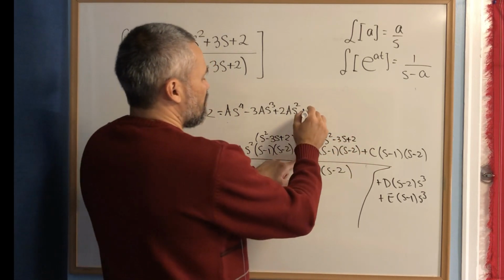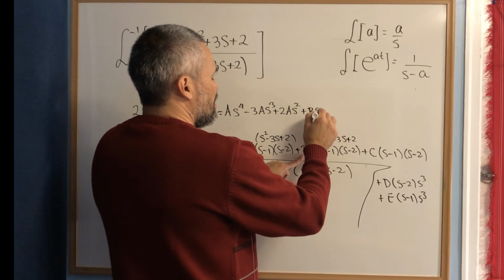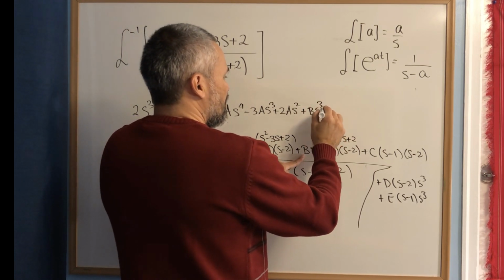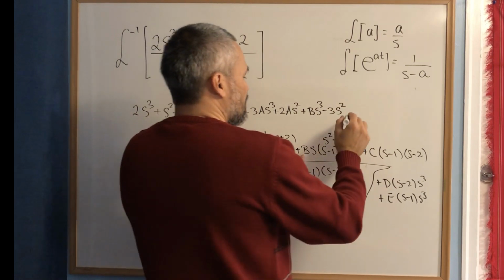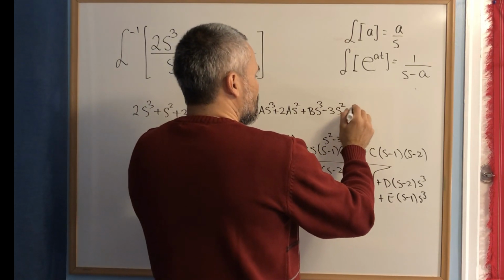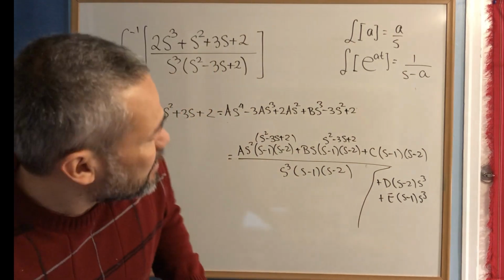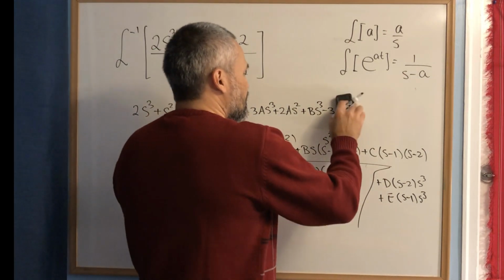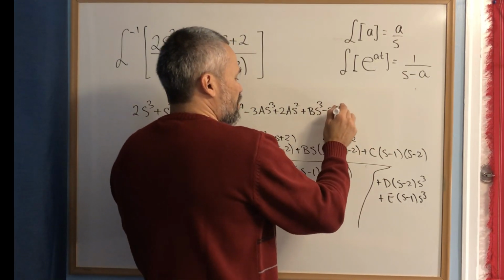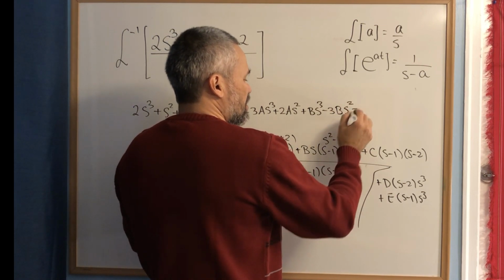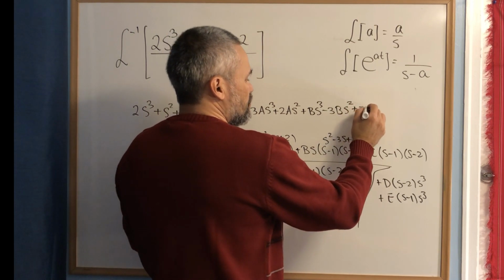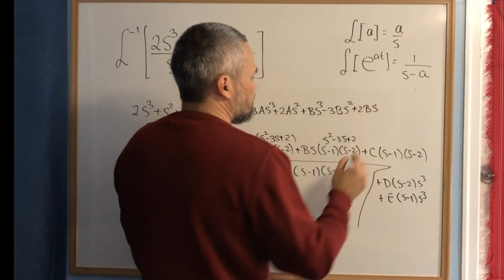Then this is plus b s cubed minus 3b s squared plus 2b s.